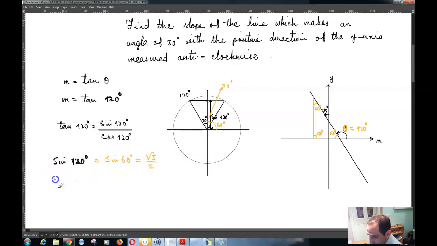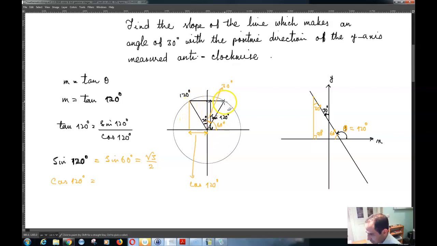Now the cos of 120 degrees is nothing but this distance over here. This distance over here, this is the cos of 120 degrees.